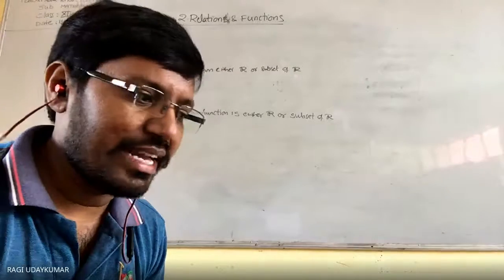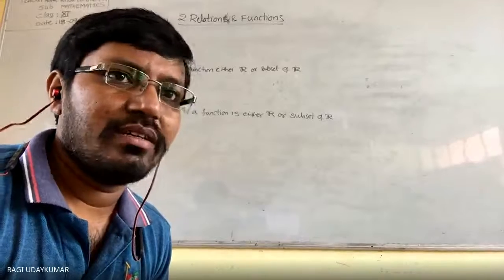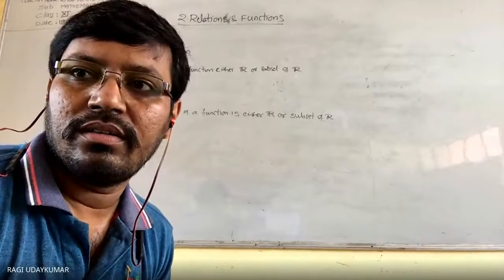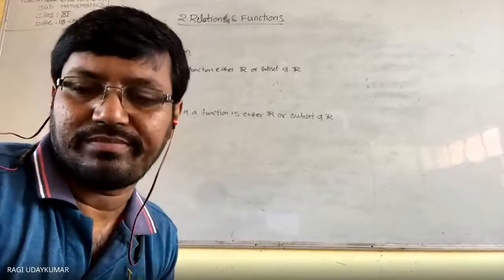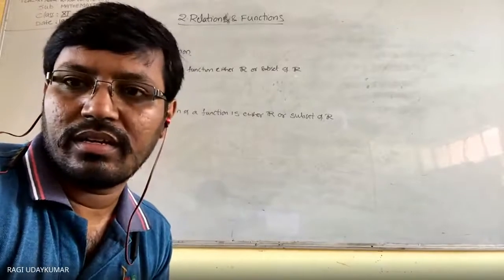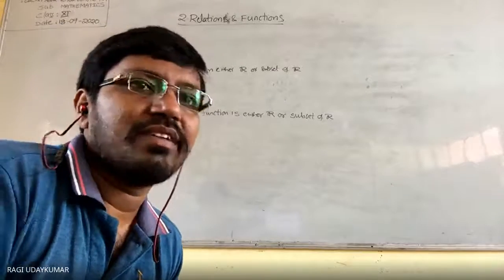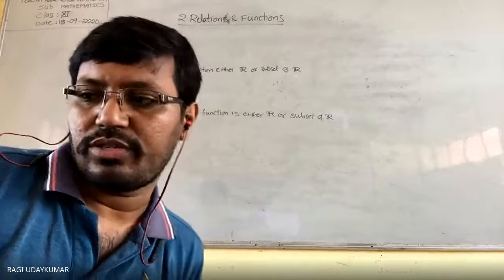Domain, if it is a real number, then it is called as a real function. If the range is a real number or a subset of a real number, real valued function. Okay? So these are the different types of the functions what we have learned today.